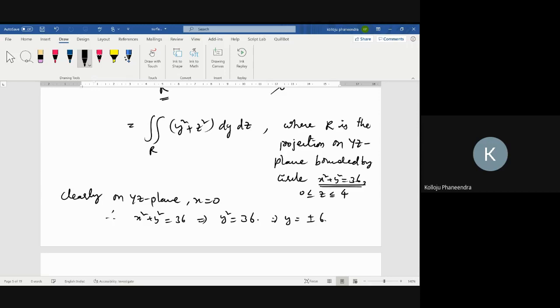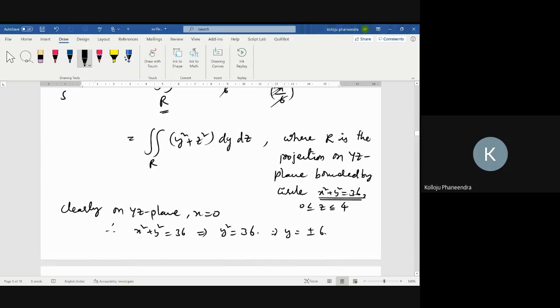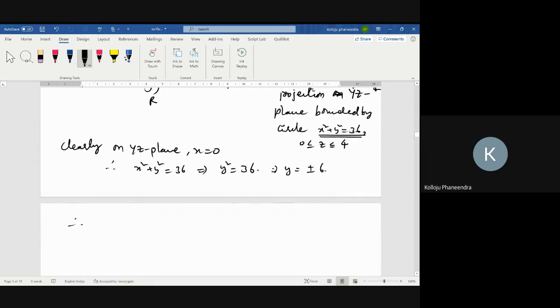There is no x term now. But in the question it is given as the first octant. Therefore, the orthogonal projection on the YZ plane is the positive quadrant of the YZ plane, where y varies from 0 to 6 and z varies from 0 to 4.